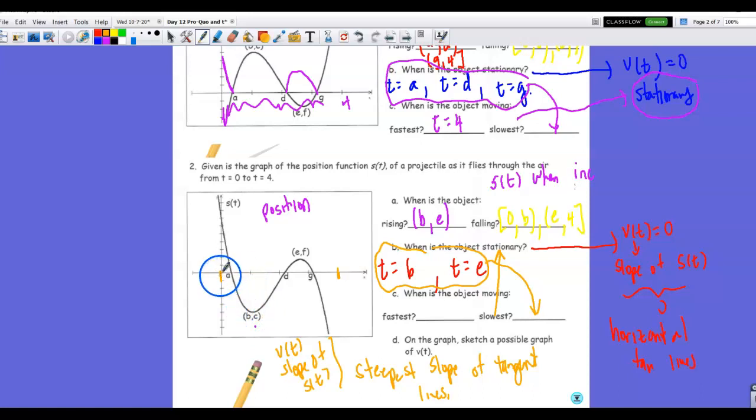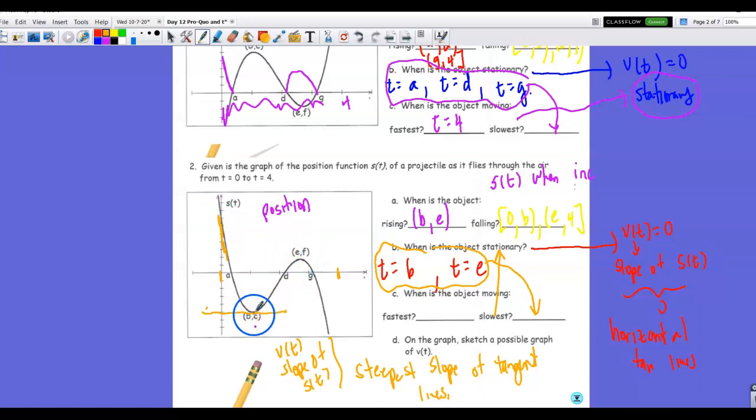So as I move away from 0, remember we said the slope of the tangent line down here is 0. So up here at t equals 0, that's a pretty steep tangent line, but as you move the tangent line along, they're getting less steep. So t equal to 0 is a candidate for the steepest tangent line.